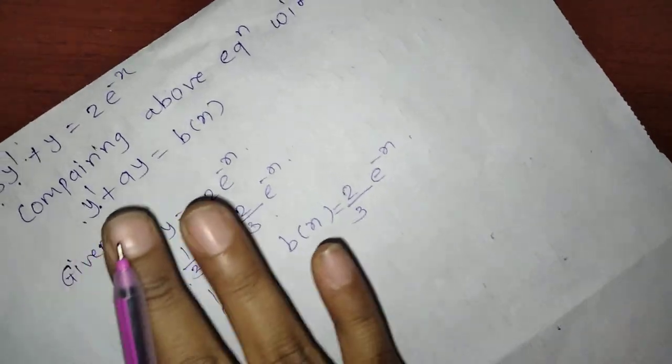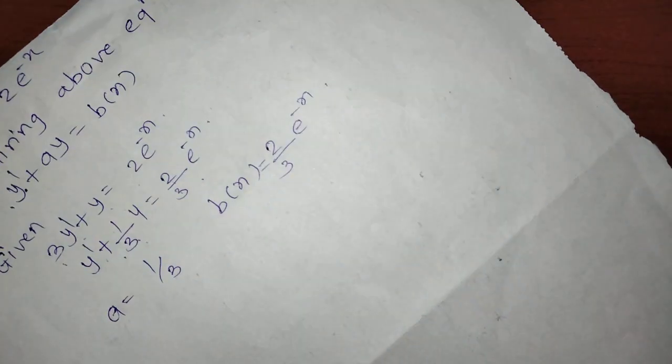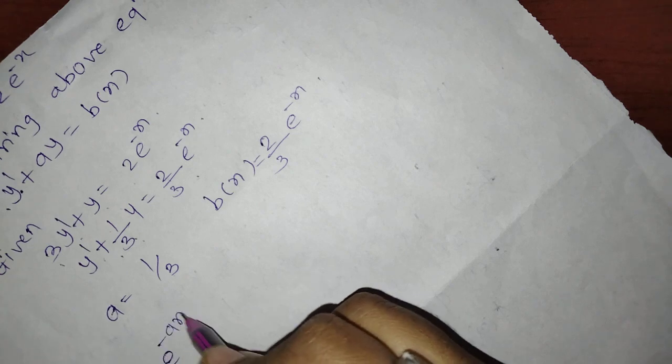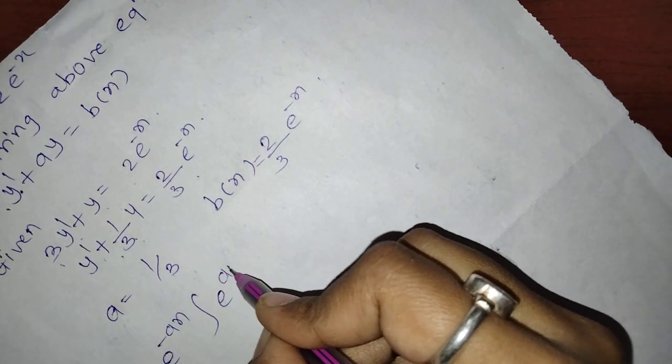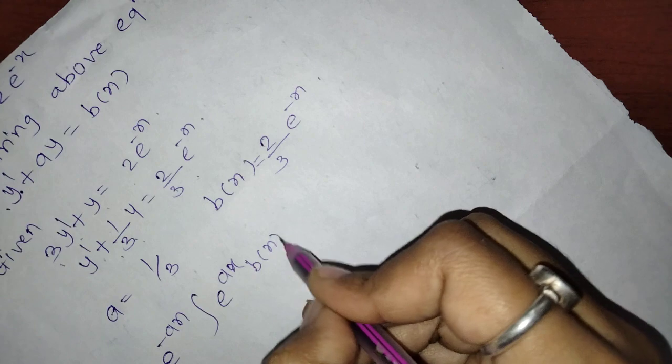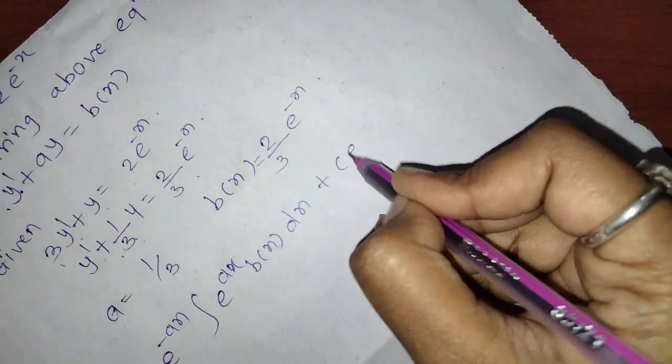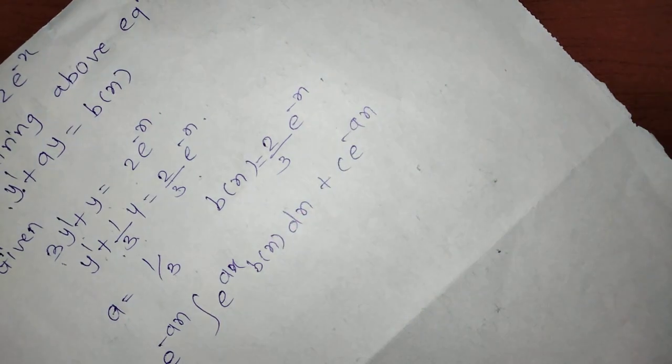And the solution of this type of equation, we know that phi of x is equal to e raised to minus a x, integration e raised to a x b of x dx, plus c e raised to minus a x.